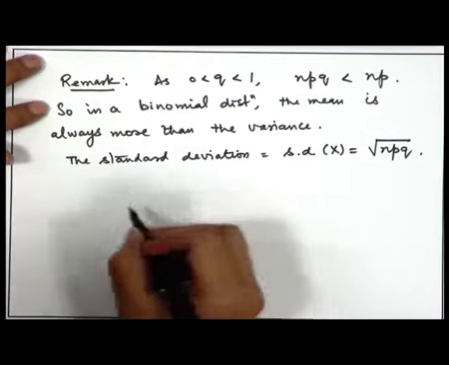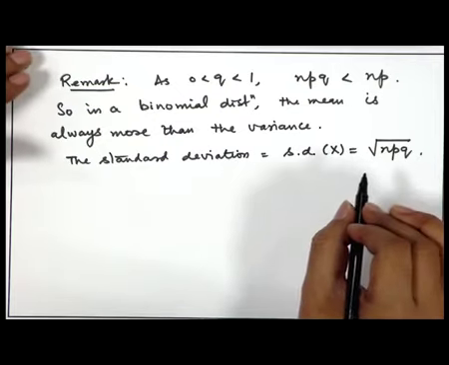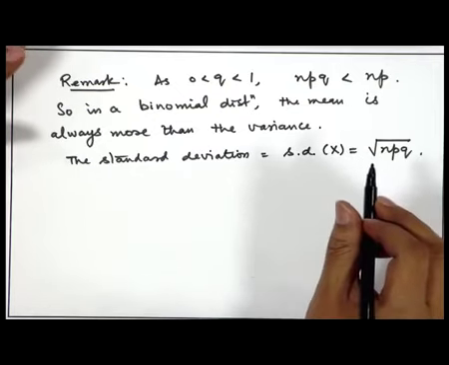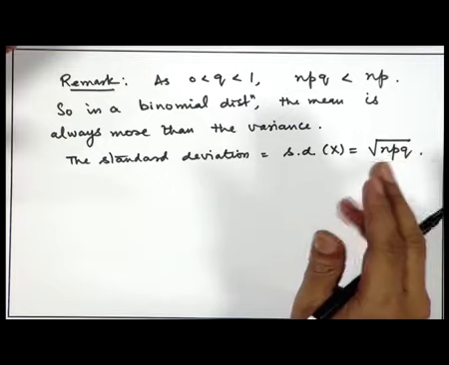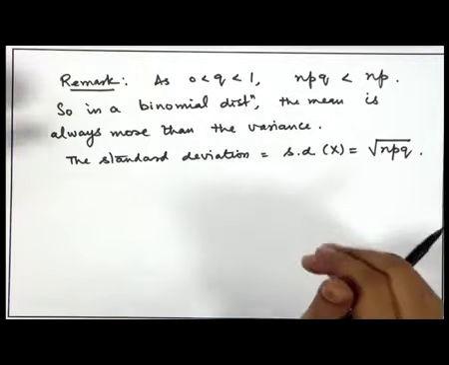Now we can also look at the special case when p is equal to half. That means when the success and failure probabilities are same, then what are the expressions?